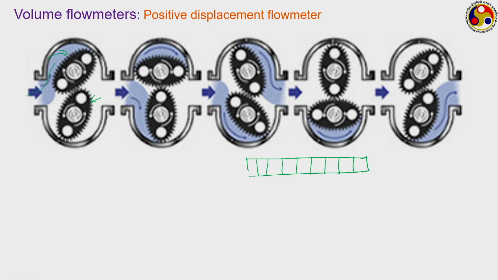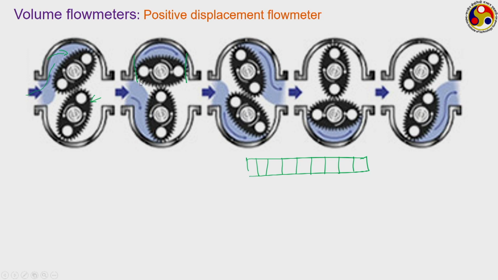Now as the top gear moves a bit, look at the second situation. Here there is hardly any gap left on either side, and so a fixed volume of fluid has got trapped on top of the top gear, and there is no fluid flow allowed towards the lower side.